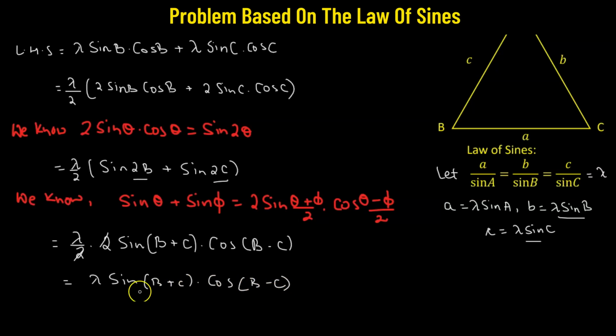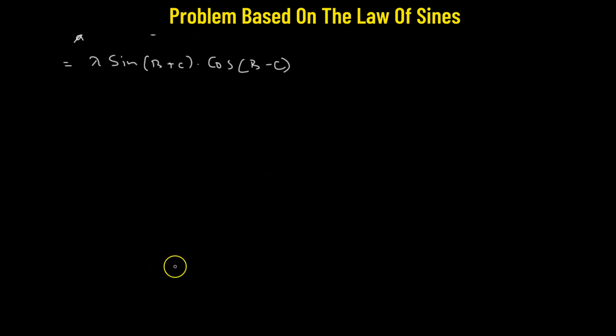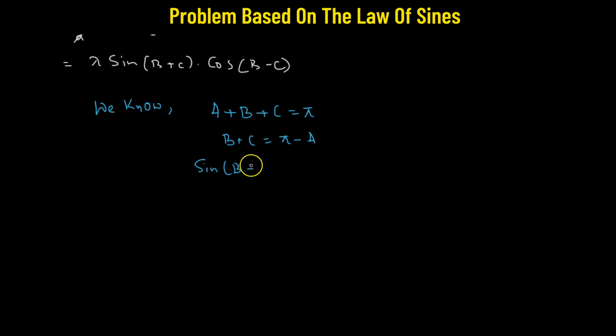Now let's work with the angle sine of (B plus C). We also know for a fact that the sum of the interior angles of a triangle, A plus B plus C, equates to pi radians. That means B plus C is equivalent to pi minus A. Now we will take the sine of the angle on both sides. So sine of (B plus C) equals sine of (pi minus A).